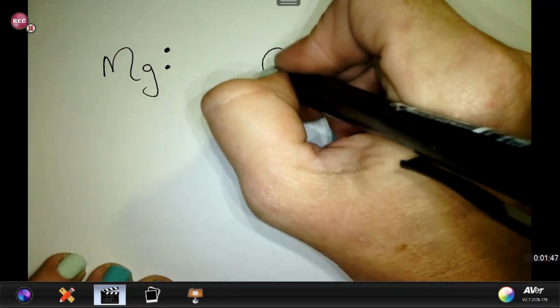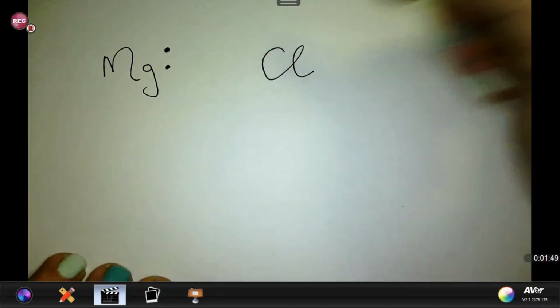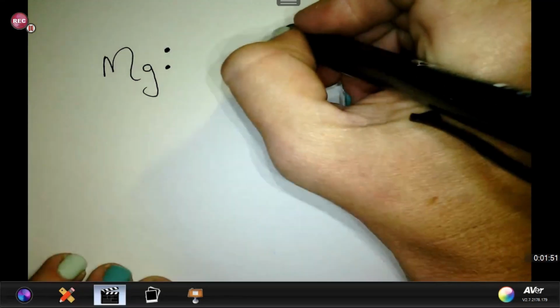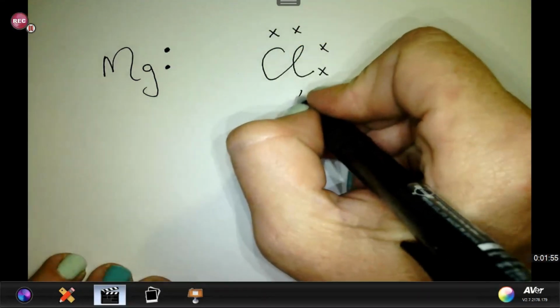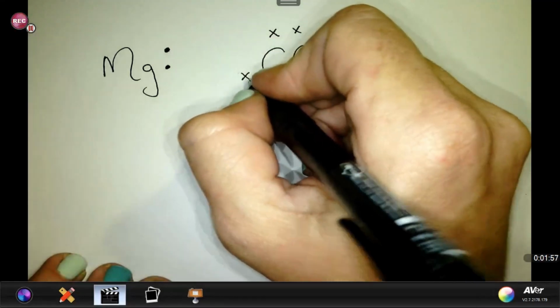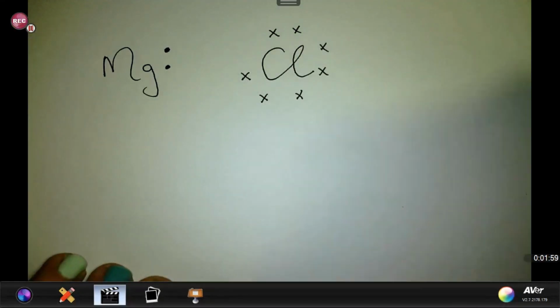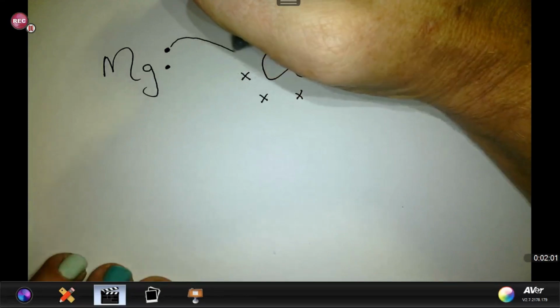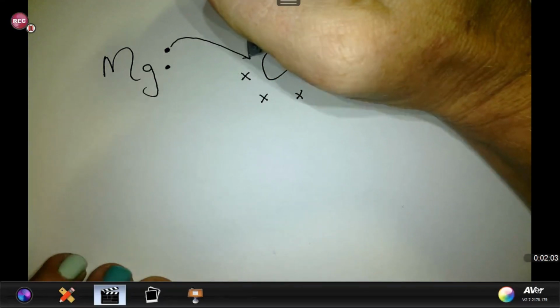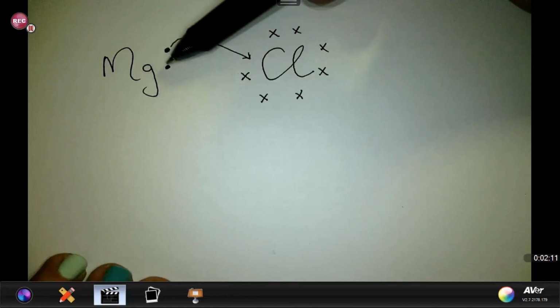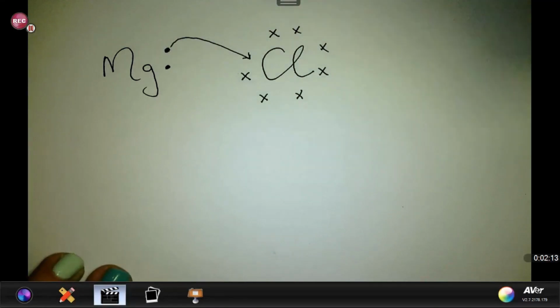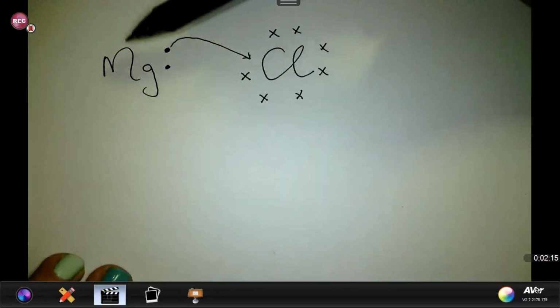Chlorine is in group 17, Roman numeral 7, and so chlorine comes with 7 valence electrons. Magnesium donates 1 electron to chlorine. Chlorine now has 8. Chlorine is now stable. But magnesium still has 1 valence electron, and it now is not stable.